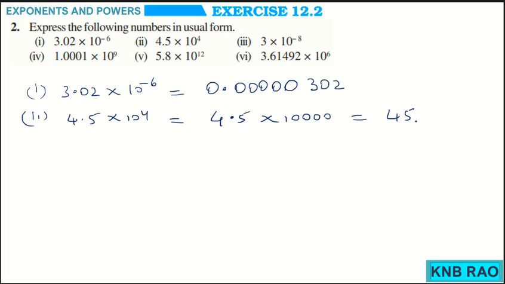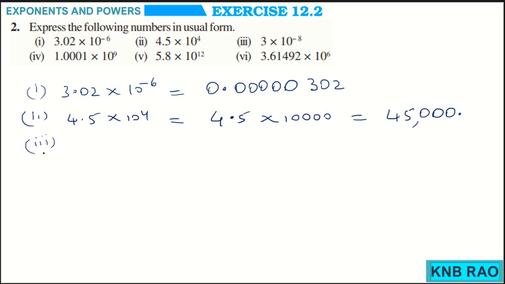We have 45,000 being the answer. If you want, you can check the decimal point has shifted from here once, twice, thrice, 4 times. So the power gives the number of times.